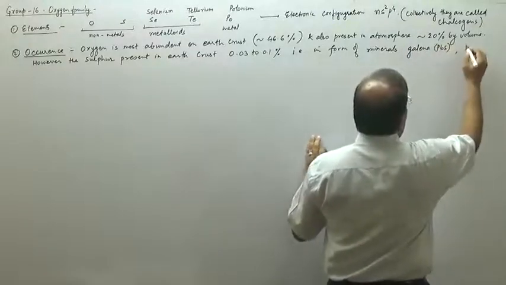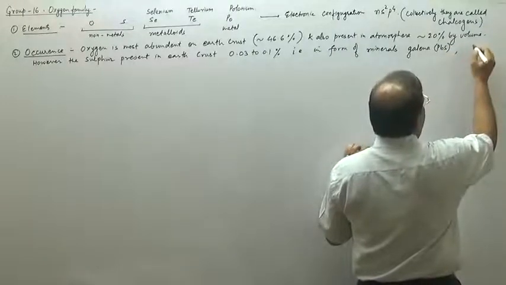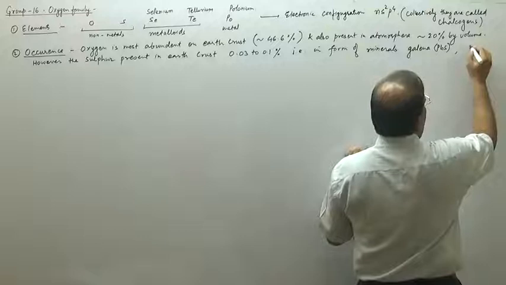Then we can write cuprite and ZnS, that is, zinc blende.